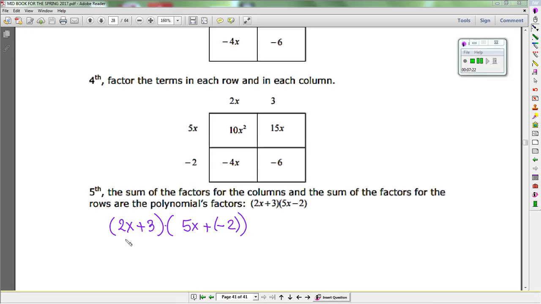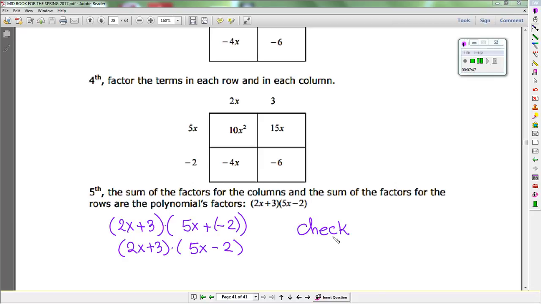Now you can simplify the second binomial. The first one, 2x plus 3, stays, but the second binomial you can write as just 5x minus 2. And this will be your two factors for the given trinomial.